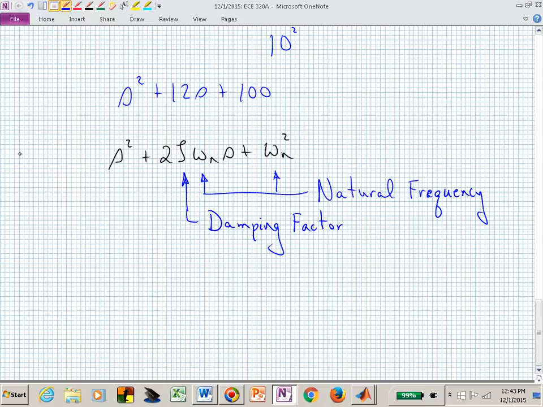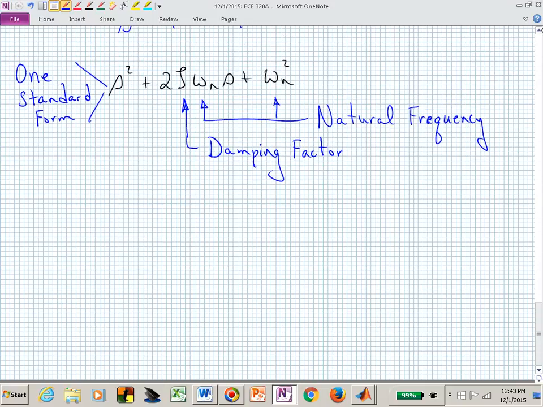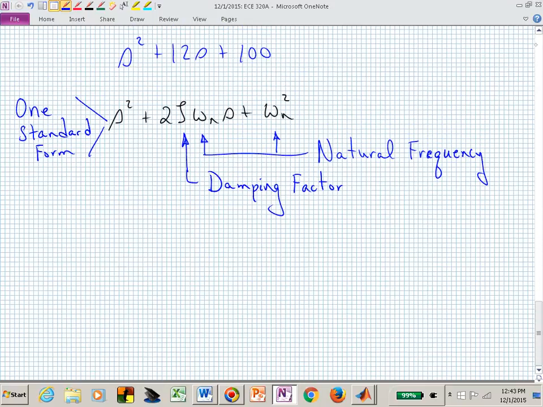So this is, let me just say, one standard form. And if we compare coefficients between what we actually have in our numerical example, which is s squared plus 12s plus 100, we can identify what the natural frequency is and what the damping ratio is for that particular quadratic factor. We can do that by comparing coefficients or terms in those two quadratic expressions.